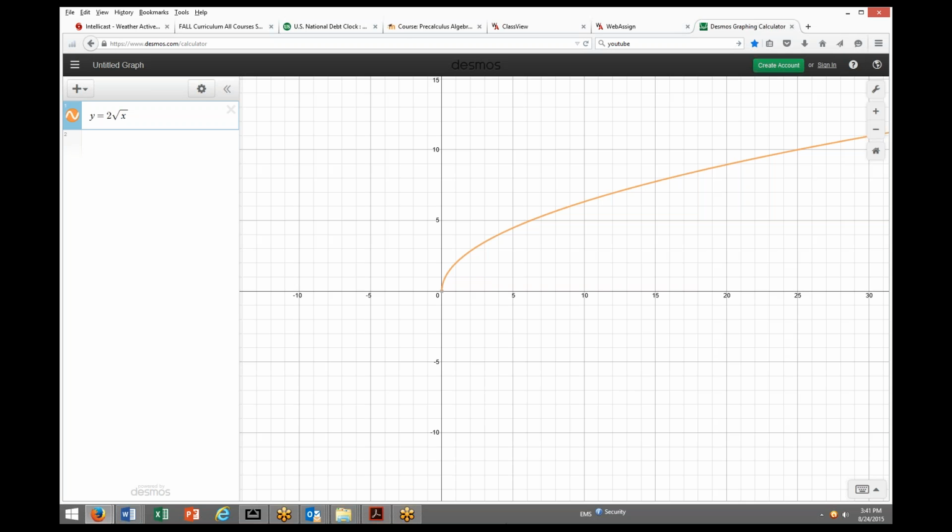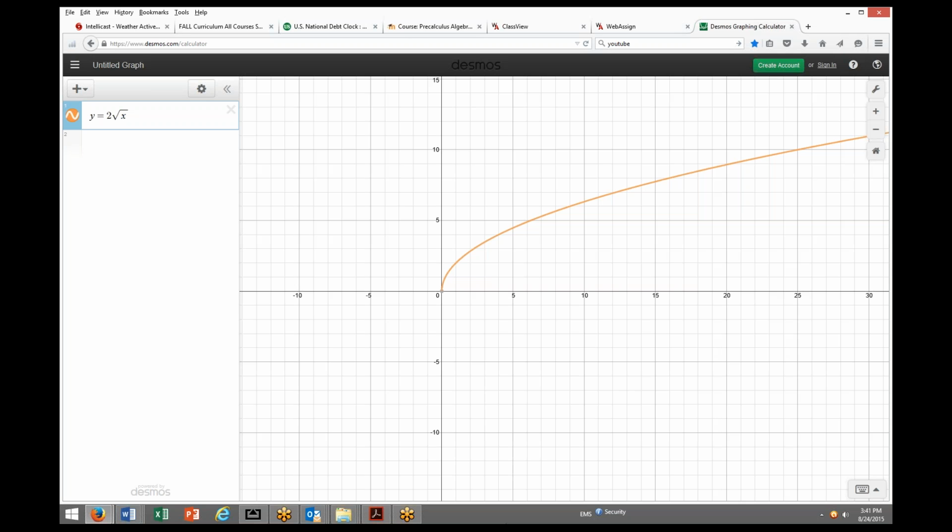So the point is, it starts just at 0, 0. You cannot enter a negative value for x into this equation, and I trust you recall, we cannot take the square root of a negative number and output a real number. It actually outputs what we call a complex number, which we will study in a later chapter in this course, but not a real number, so you can't graph it on a real coordinate plane.